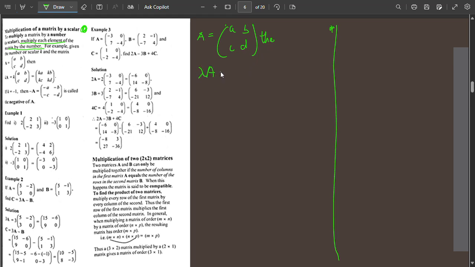Lambda A will be equal to A lambda, right, multiplying, and that will be computed by lambda multiplying each component, each element.